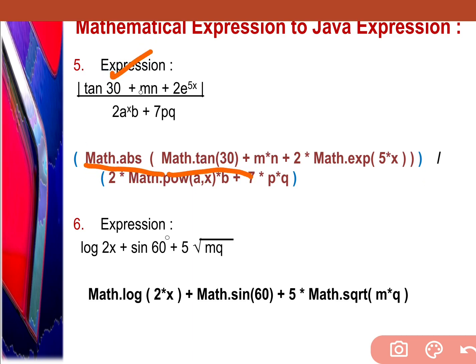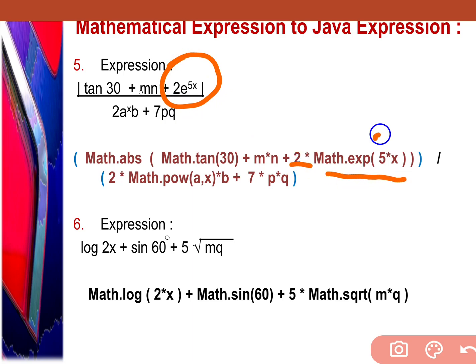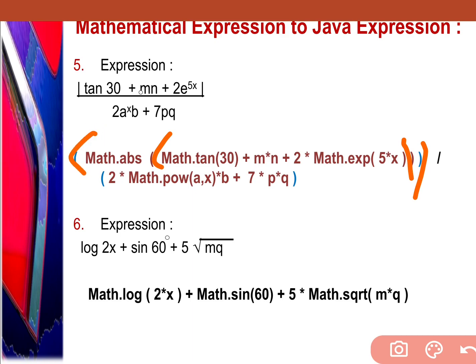Inside ABS I had written 10, 30, then m into n plus 2 into e to the power 5x, 2 into e to the power 5 into x, which is present inside exp, the bracket of exp. This one is the bracket of abs and this one is the bracket of the numerator. And then we have divide.